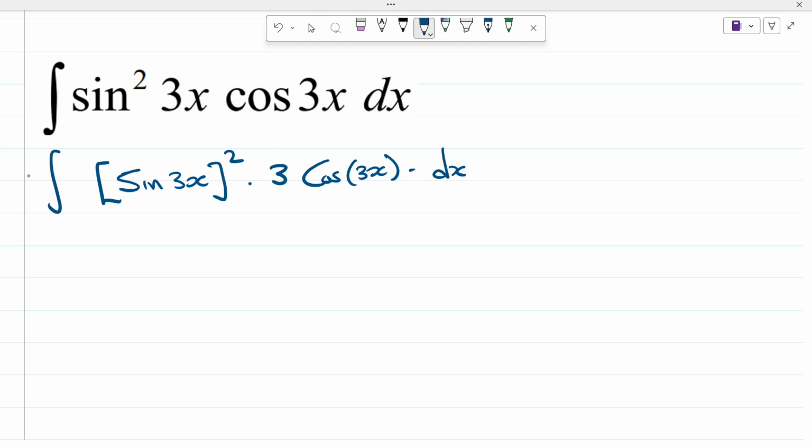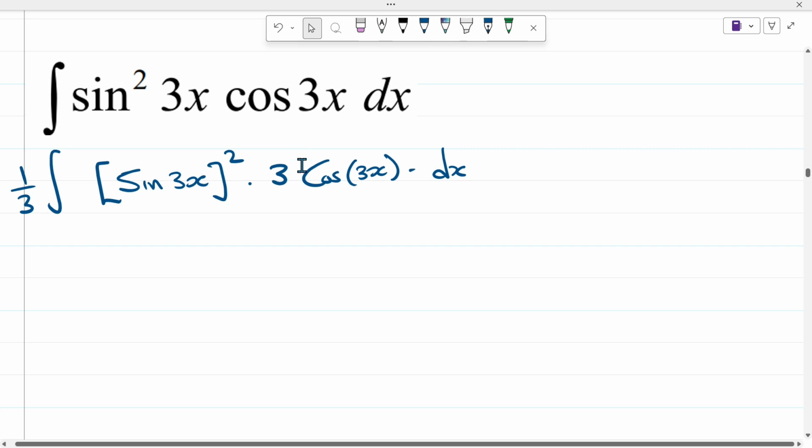So I'm going to put a 3 and then multiply by 1 over 3 so that I don't change the equation. So from here you can see that I have a function and its derivative, meaning that I can just apply the general power rule also, because my n here is not equal to -1, so I am able to use the general power rule.